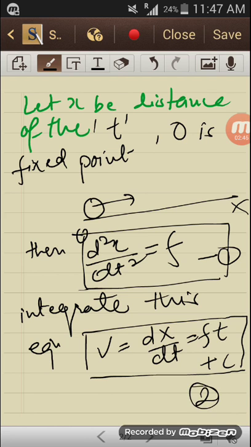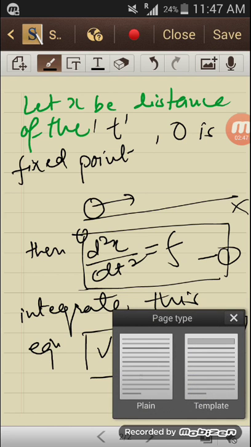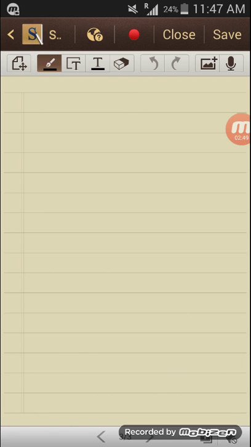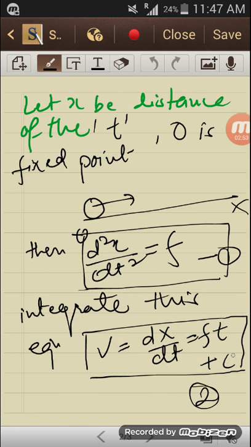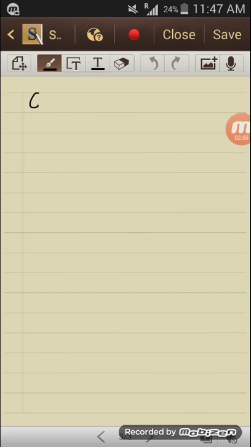Now our main motive is this c, so we will put some condition on c. c is an arbitrary constant.